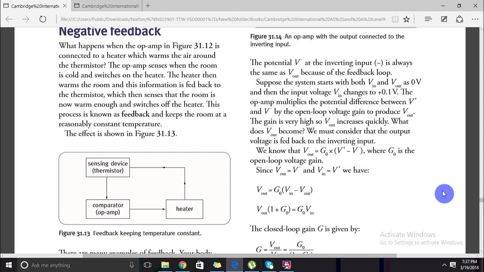And so it's the actual gain which is equal to this and not G naught. G naught is still going to be 10 to the power 5 because that is a constant for a particular op amp. So the actual gain when it's like this is going to be 1. We can also figure it out by using V out over V in values. It's going to come out as 1.